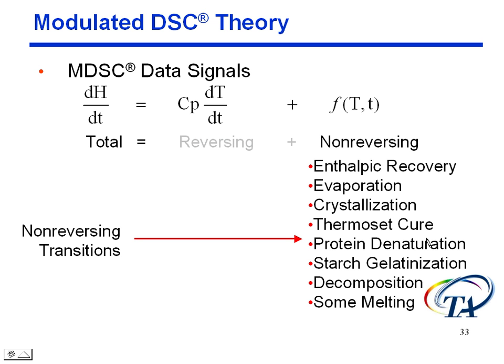If the material crystallizes, that crystallization is non-reversing. That's going to show up in that curve. If a material goes through a thermoset curing, that would be non-reversing. Protein denaturation or starch gelatinization, those are all non-reversing transitions. Decomposition, and then some melting.